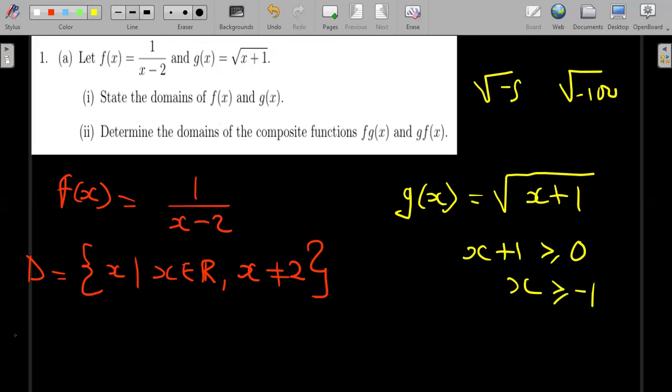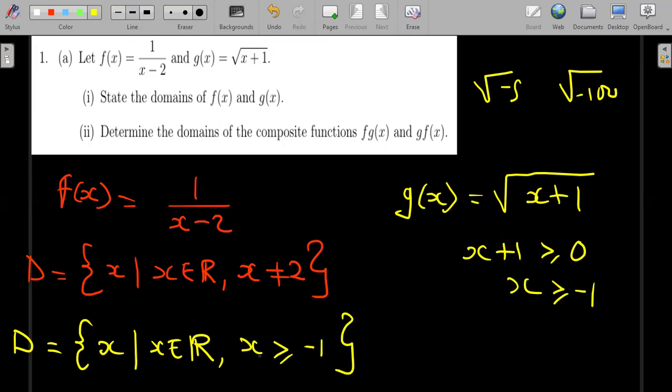So the domain of the function g of x is the set of all the x's such that x is a member of the real numbers, where x is greater than or equal to -1. This one in yellow is the domain of g of x, and this one in red is the domain of f of x.